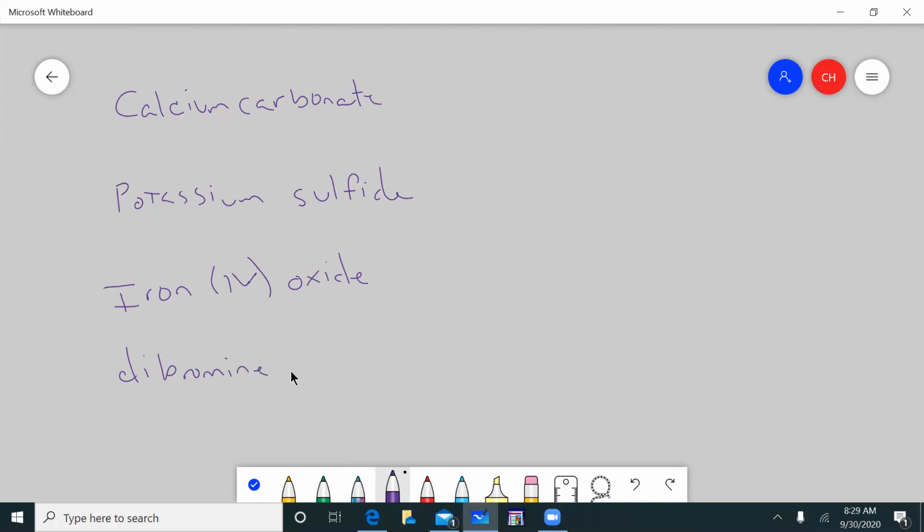Dibromine heptafluoride. Silver nitride.